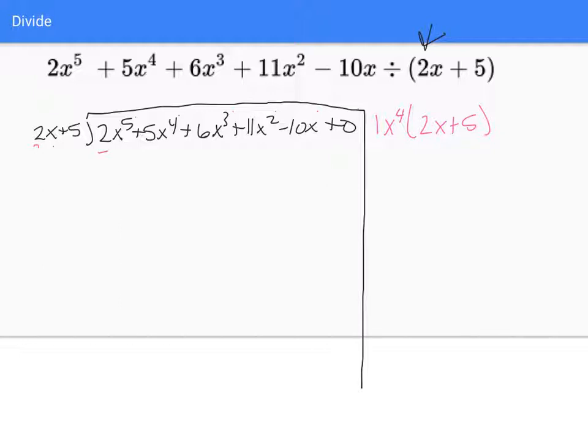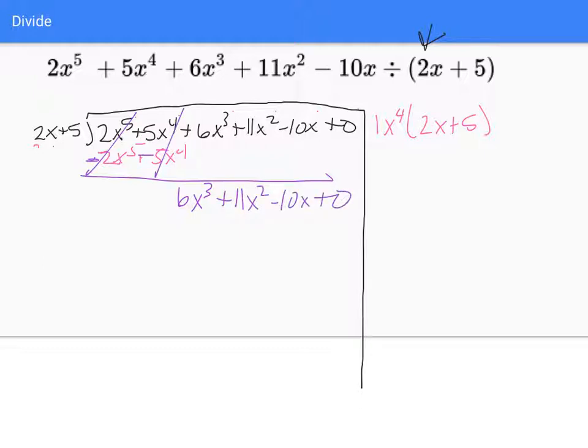So this becomes 2x to the fifth plus 5x to the fourth. Switch your signs. Both of these two things cancel, so I'm left with 6x cubed plus 11x squared minus 10x plus 0. I should say right now with the 0 part, you might not need to write in that 0 since it's the last number, but you should always write in the middle terms. So 2 to 6, give me a 3.